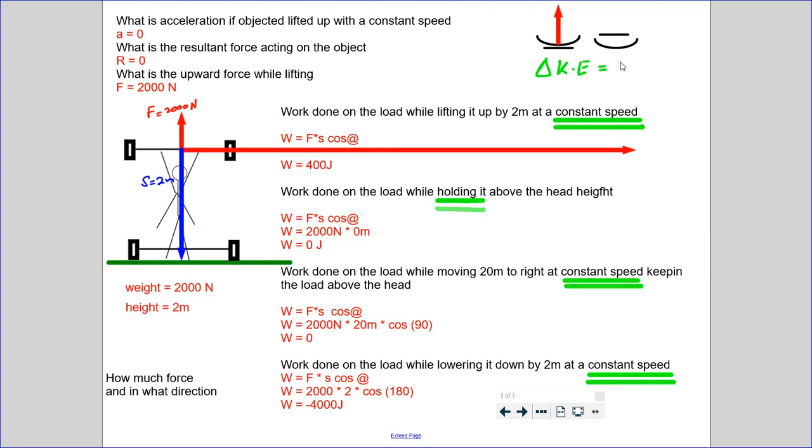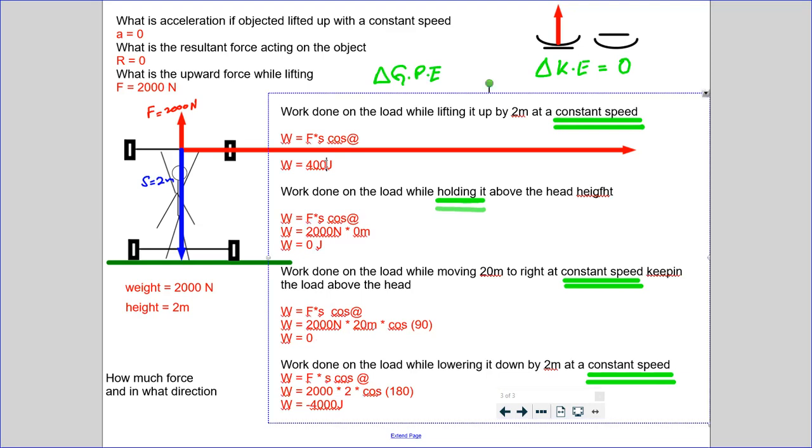Yeah. Only change in this example is the change in potential energy. Change in GPE, because the height gets changed. So can you check, if you lift an object with a weight of 2000 Newton by a distance of 2 meters.